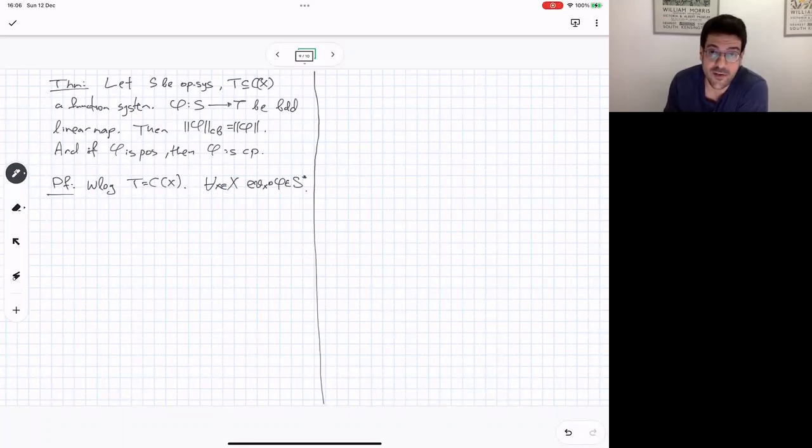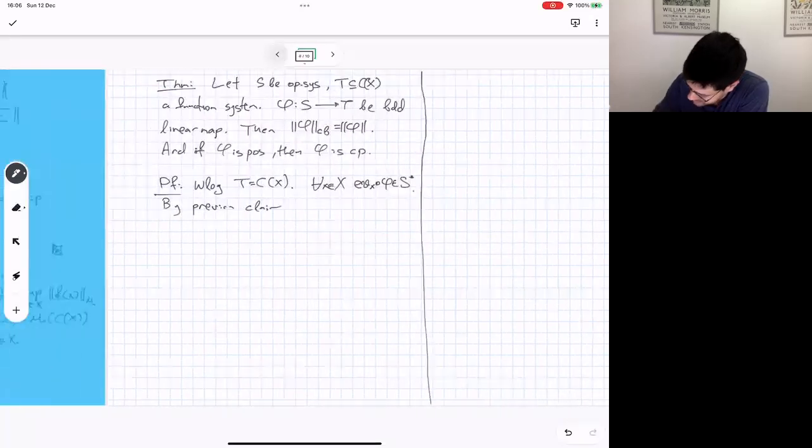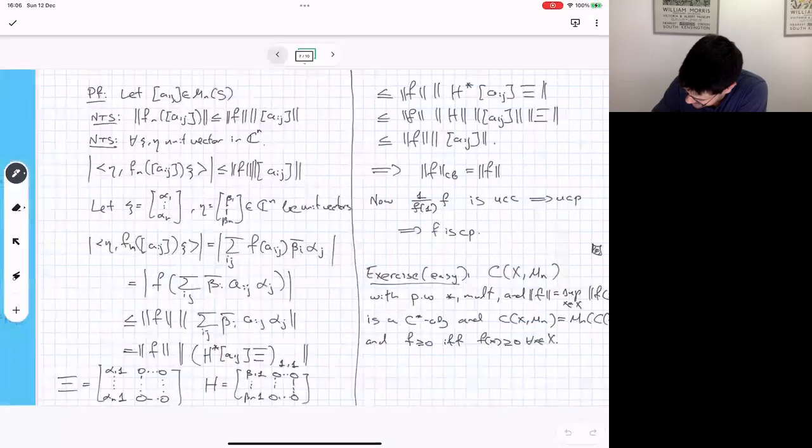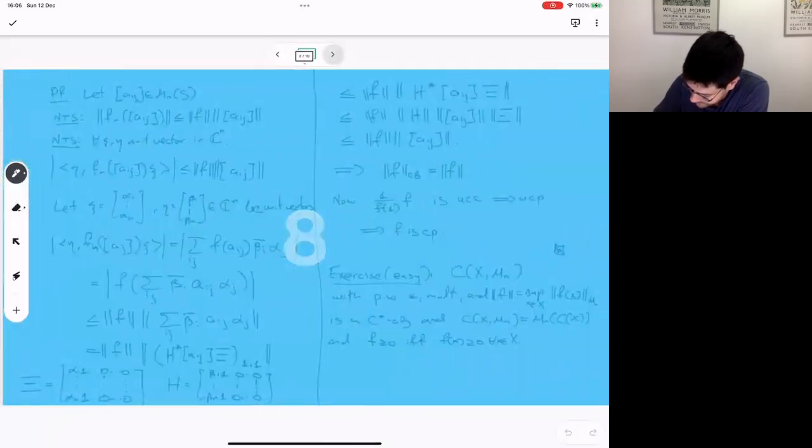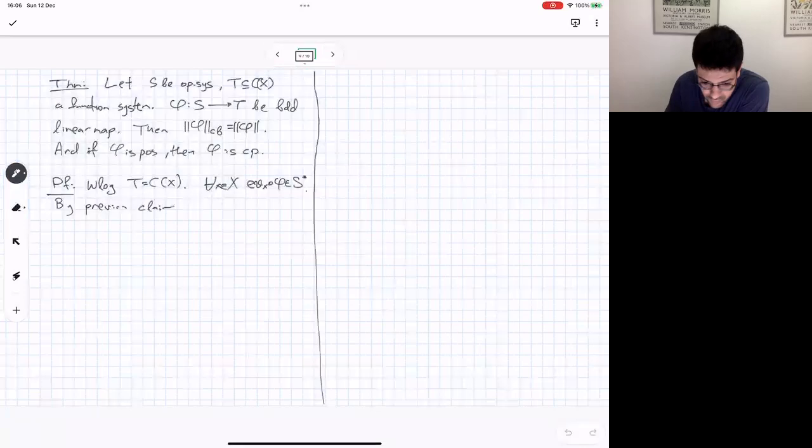What did we prove about linear functionals? Well, we proved this for linear functionals, right? So by previous claim, the supremum. Okay, so before taking a supremum, by previous claim, let me write this in another column.